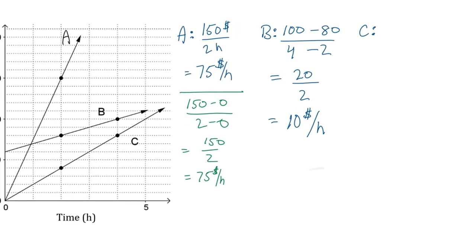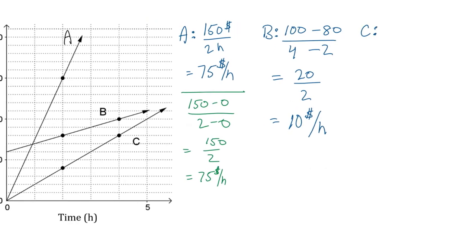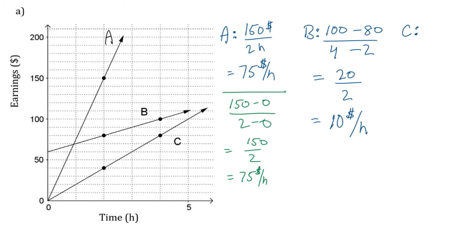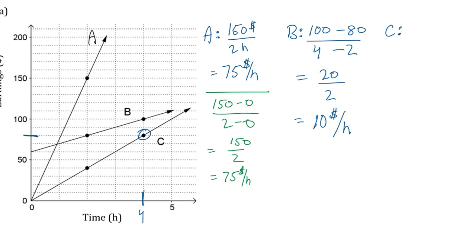I'm going to do it both ways to show you that the way we did B will always work. But if you know when you're allowed to cheat and you want to use that shortcut, by all means, you're allowed to do that. So this point is 80 in 4 hours. Okay, and this point is 40, let me write that down, in 2 hours.